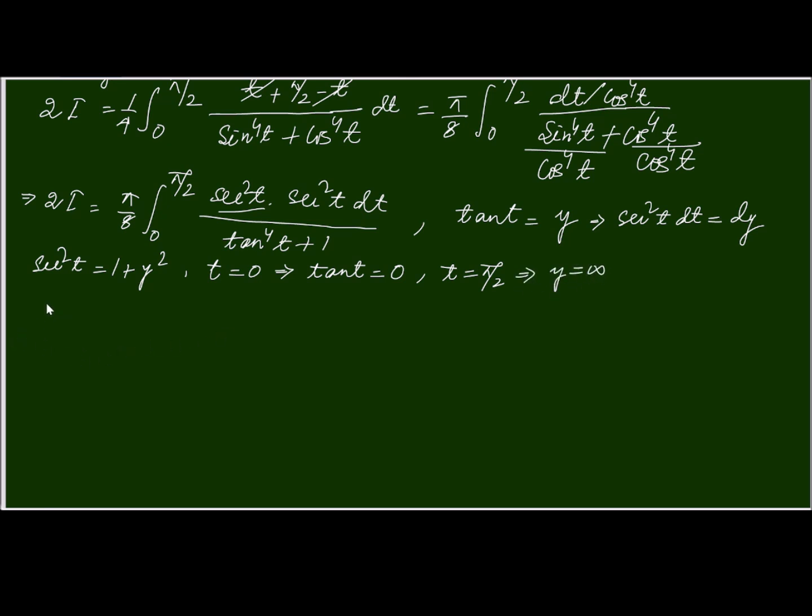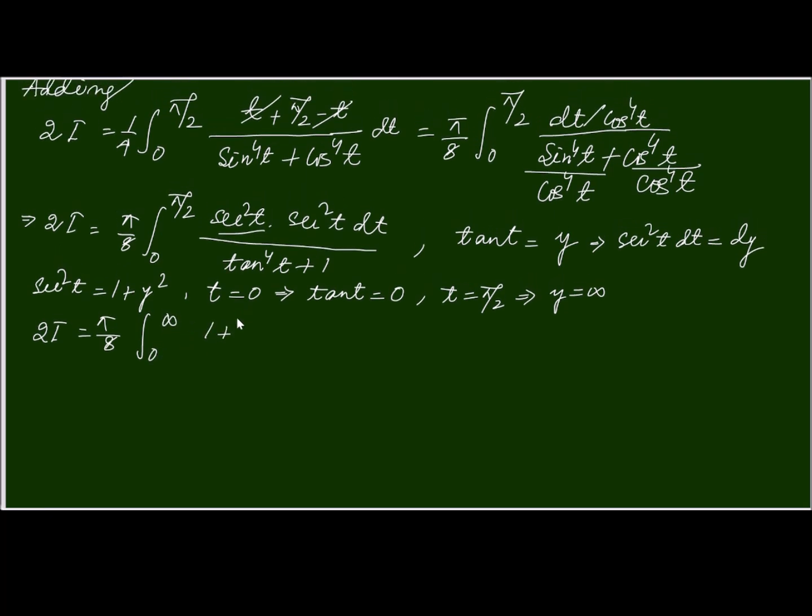So twice I equals pi over 8, 0 to infinity, 1 plus y square dy over y power 4 plus 1.